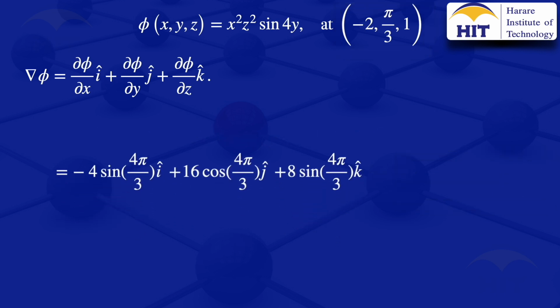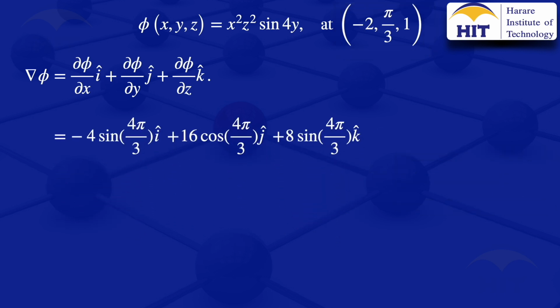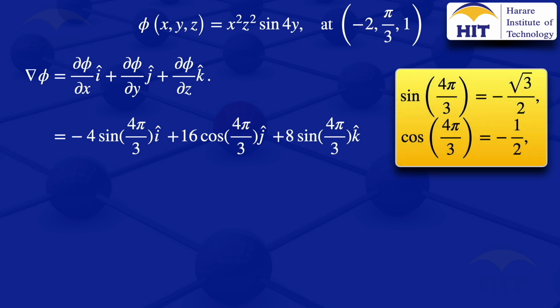So that's the gradient that we are having, but we can simplify it further since we know that sine of 4 pi over 3 is equals to minus root 3 over 2 and cosine of 4 pi over 3 is minus a half.